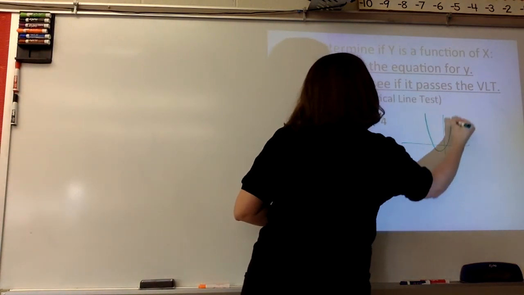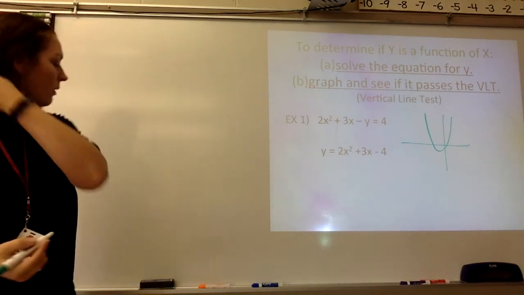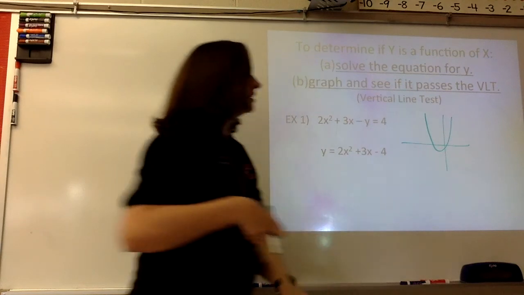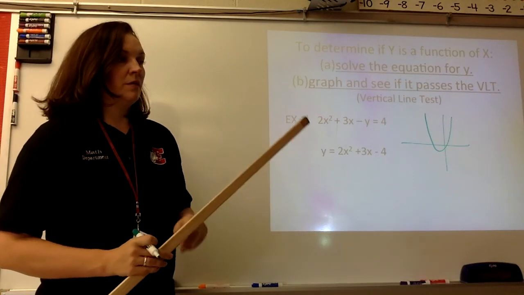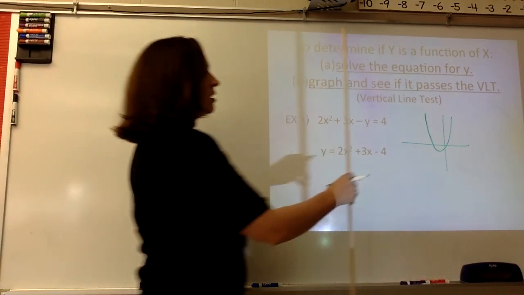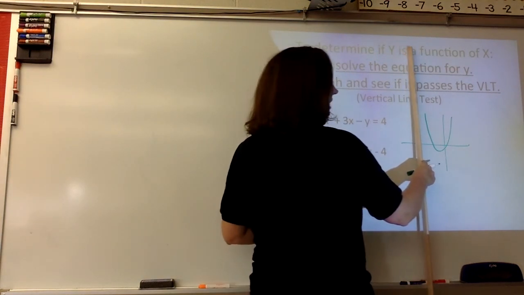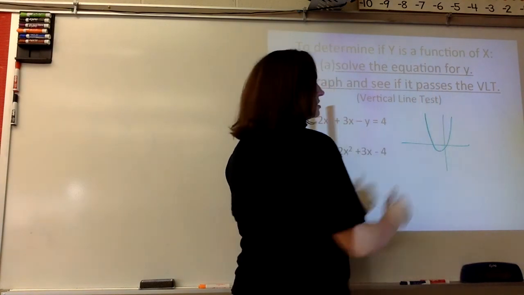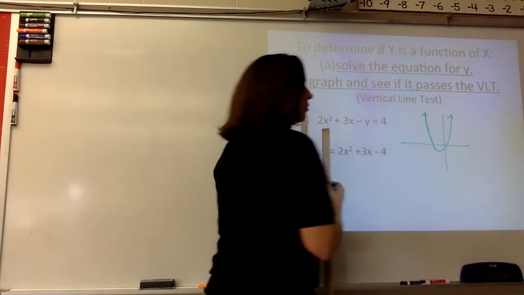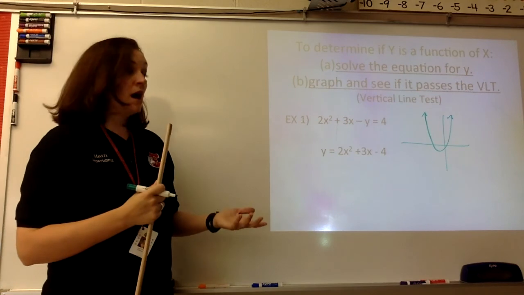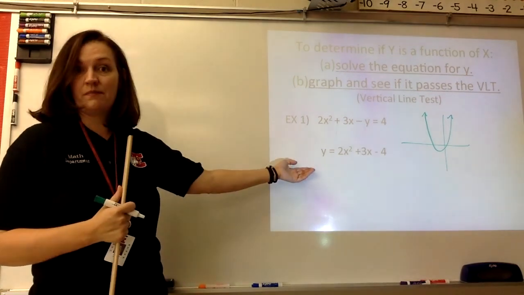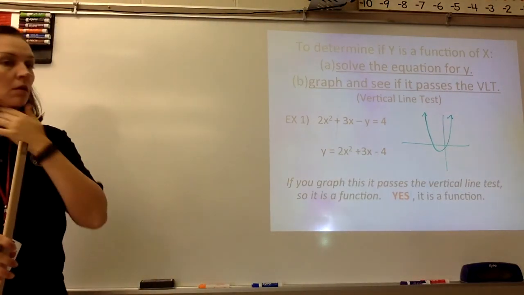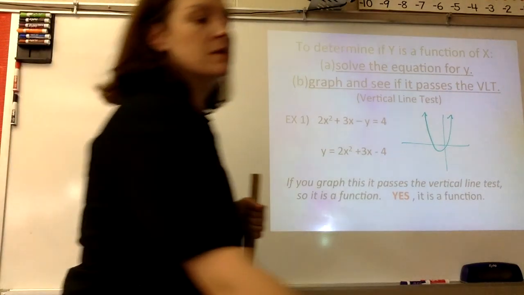Something like this. So when it looks something like that, we then use an ultimate vertical line, and we drag it through the graph, and we say at any point in time, does the vertical line touch the actual graph shape at more than one location? And the answer is no, which means this in fact is a function. All right, so that's the first part.